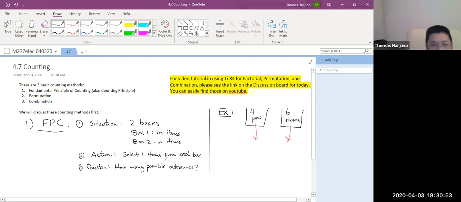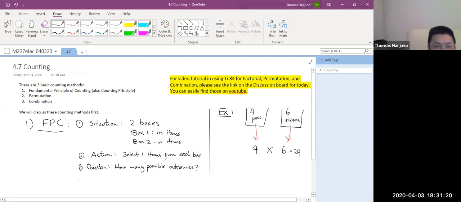Or in this case, how many possible different pairs? Now, how many choices do we have from box 1? If you have 4 pens, then we have 4 choices, right? And for each choice we have for the pen, we have 6 choices for erasers. So the total is 24 possible outcomes.